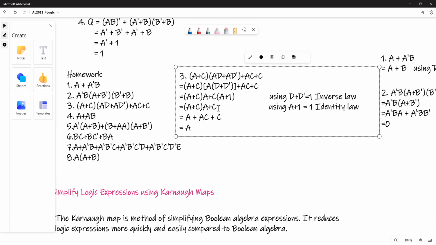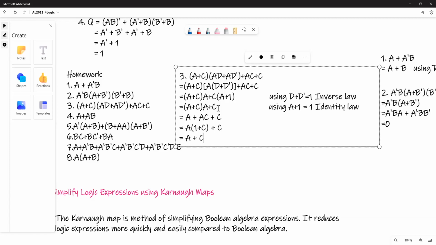So either you can take A out, and we can say 1 plus C plus C. So that becomes A plus C anyway. So the things that we have used here, common ones, you don't have to do that. But here again we say identity. We use identity, right? AC.